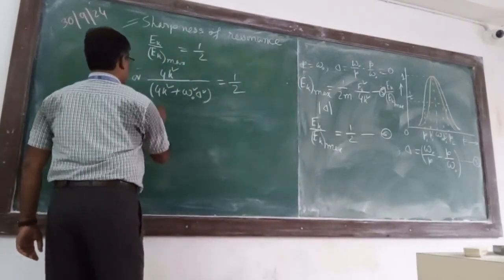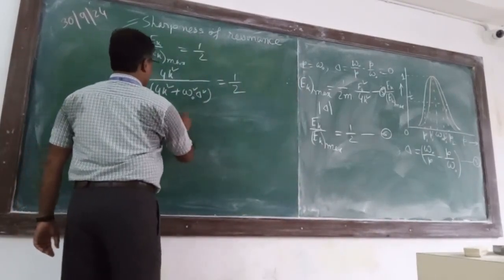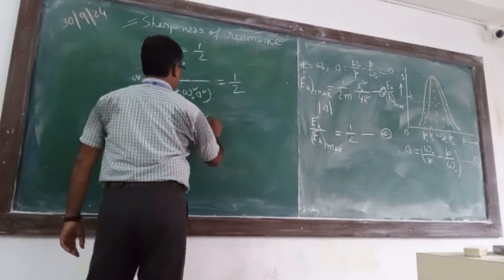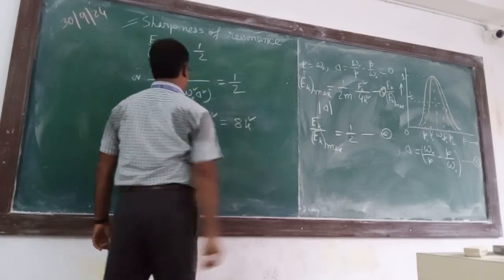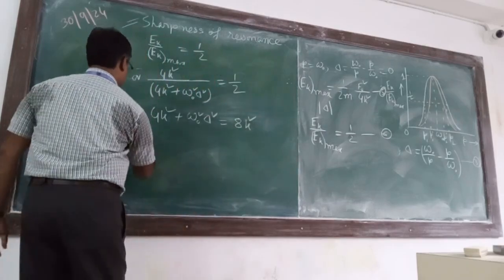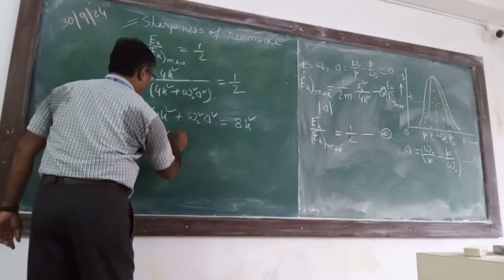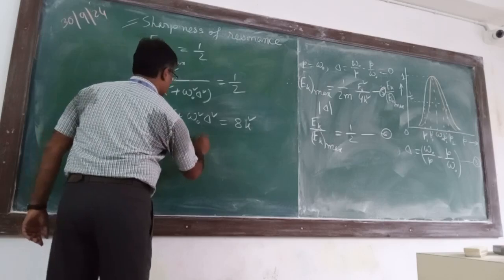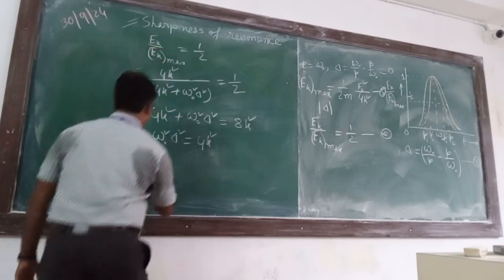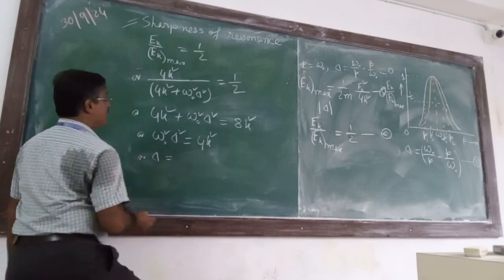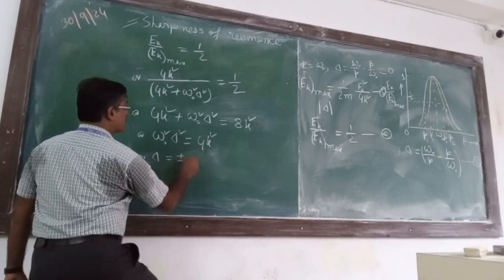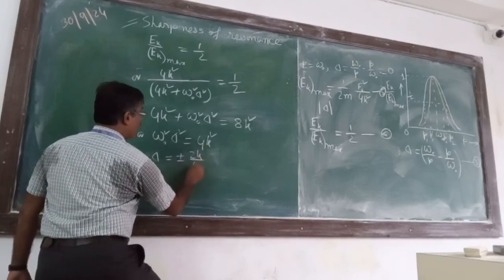Or 4k square plus omega naught square del square equals to 8k square. Or omega naught square del square equals to 4k square. Or del equals to plus minus 2k by omega naught.